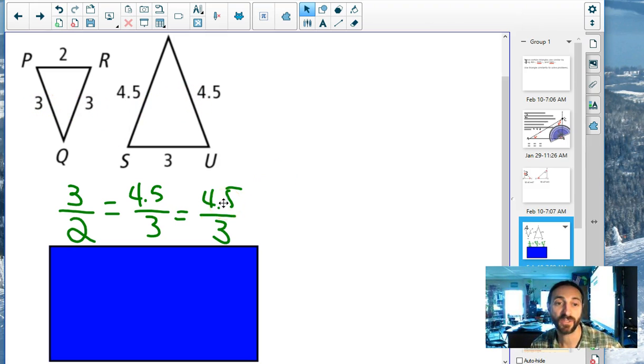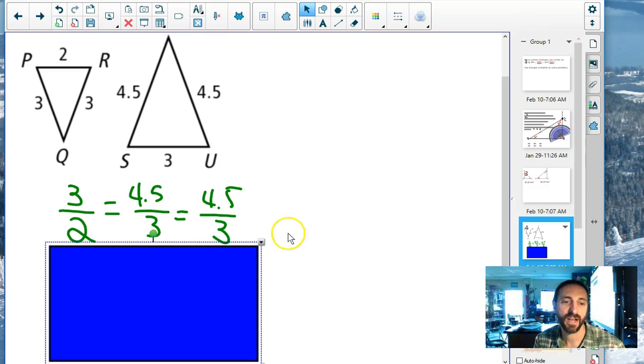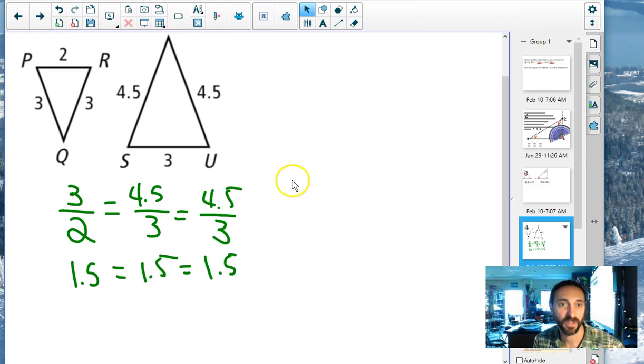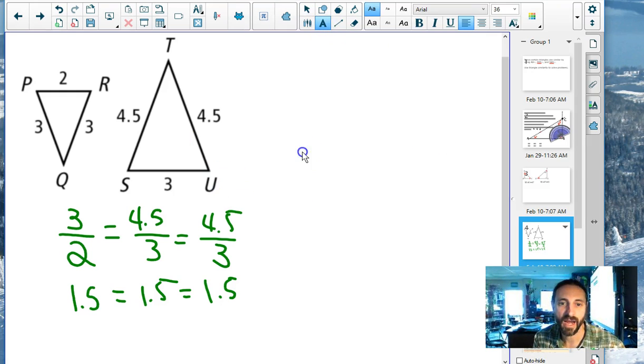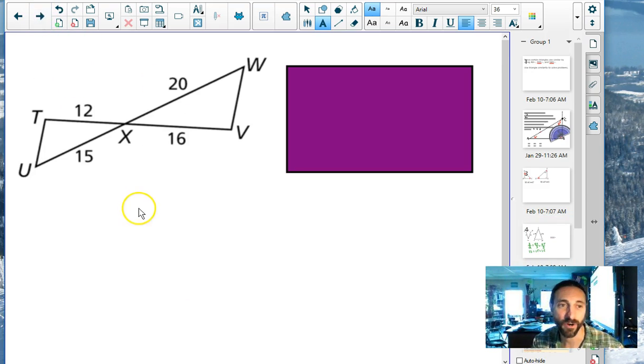If that ratio is the same in all three cases, then I know that these triangles are similar. And in fact, they are. So I know that these are similar by side-side-side similarity. All three sides have a ratio of 1.5, big to small. Cool. It's really pretty much that straightforward.